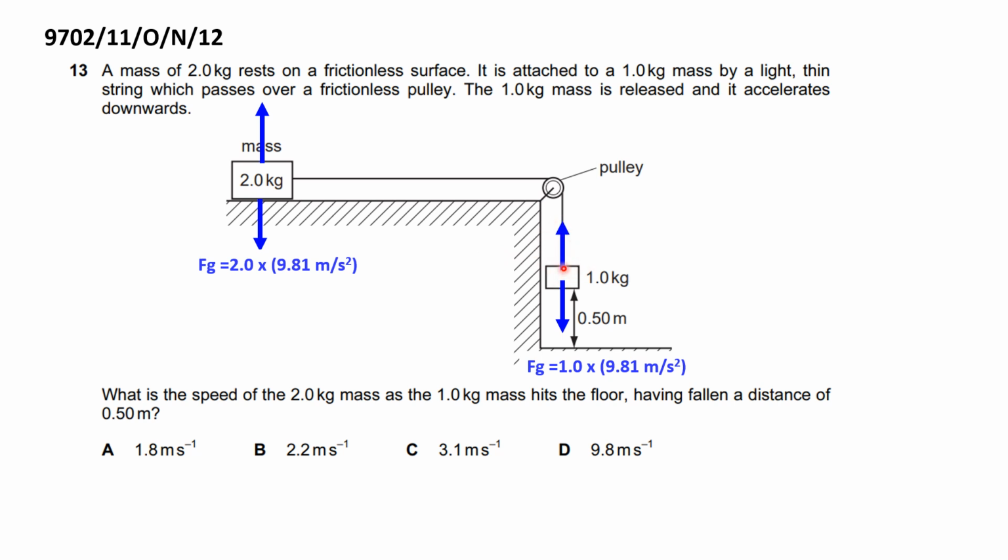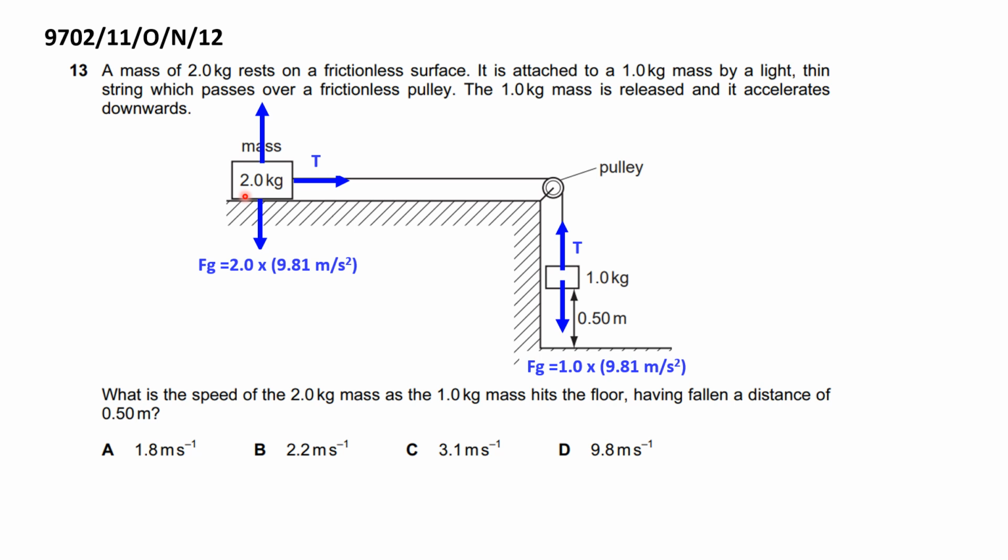So this is the tension on this string, labeled with letter T. So then this tension is equal at any point on this string. So right here we have the same tension but in opposite direction.